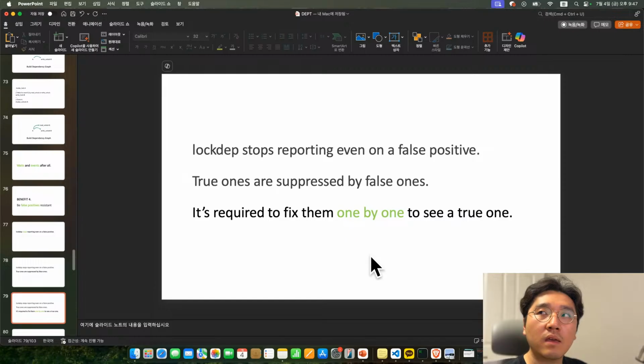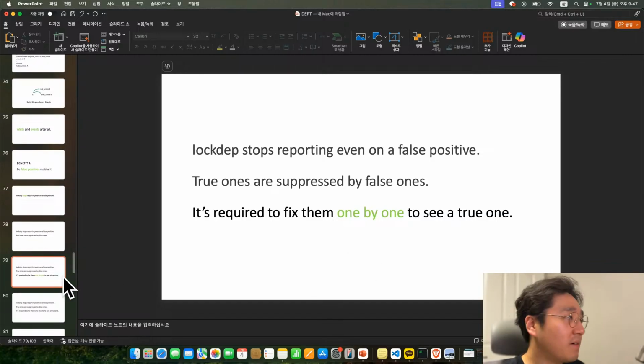Ten years ago, Lockdep had many false positive reports, so many kernel developers annotated it and enhanced things, and mostly they no longer report false positives. I think we can easily find them by searching the mailing list for Lockdep false positives. So I will share it after this meeting.